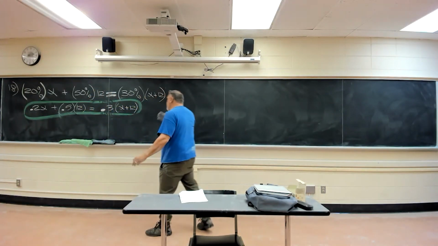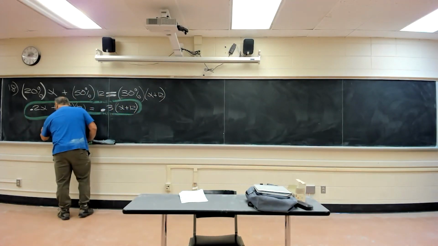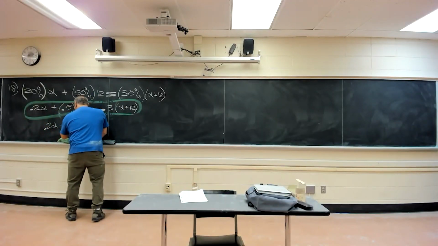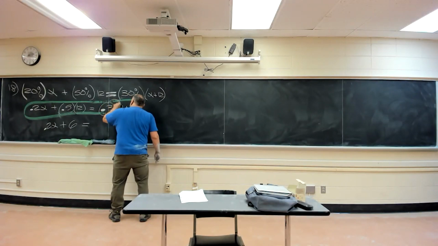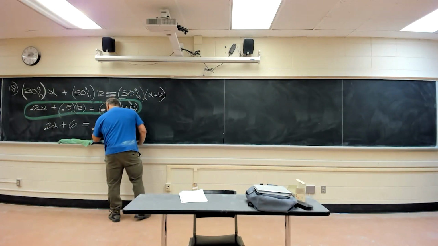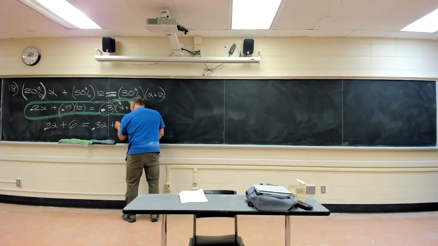Well, let's mess with this. It shouldn't be too bad. 0.2x, 0.5 times 12 is 6. 0.3, here we go. Distribute that. 0.3x, 0.3 times 12 is 3.6.